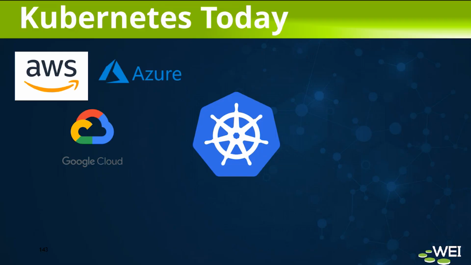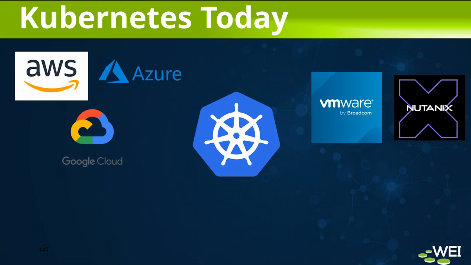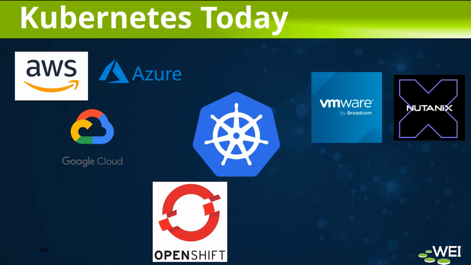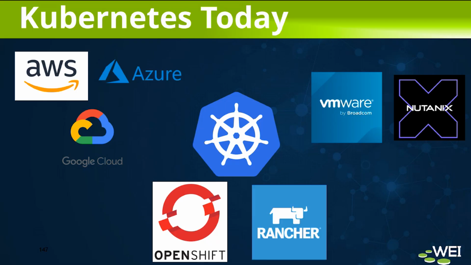And while these cloud offerings are great, on-prem offerings from hypervisor companies have made leaps and bounds over the past few years. VMware has made significant improvements to their Kubernetes platform, VKS, Nutanix with NKP, and Red Hat OpenShift, and Rancher if you're looking for a more dedicated Kubernetes solution.